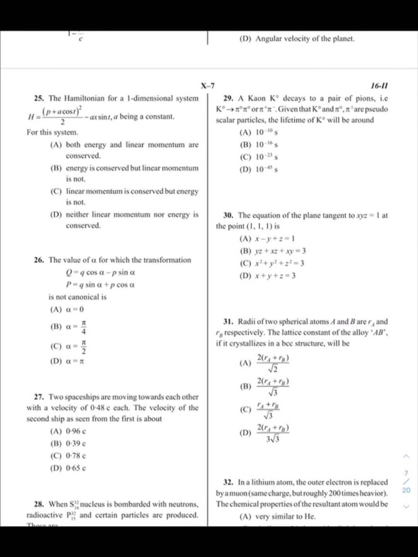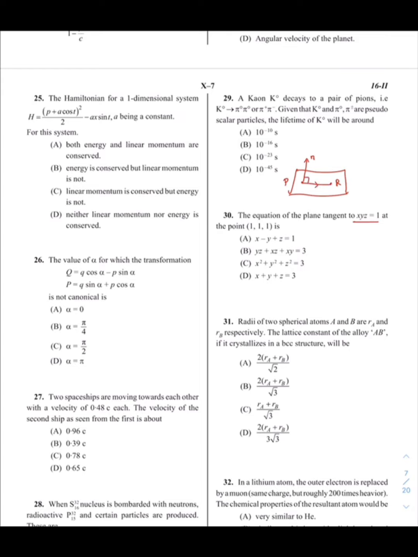Problem 30. We have to find the equation of the plane tangent to this surface at 1, 1, 1. Assume this is the surface and the point 1, 1, 1 is denoted as P. We will find the normal vector first. Let n be the normal vector and assume R be another point that lies on the surface. So the vector PR must be perpendicular to n.